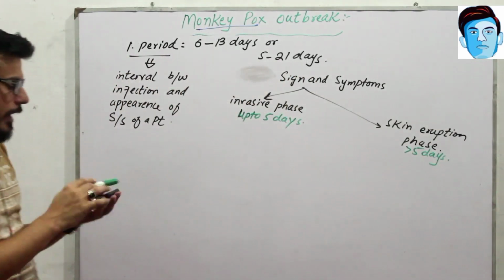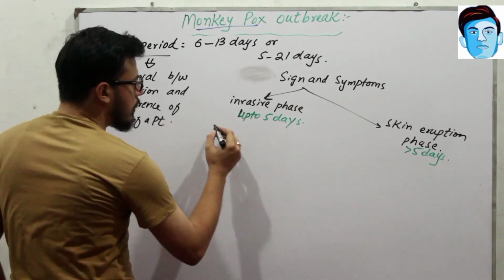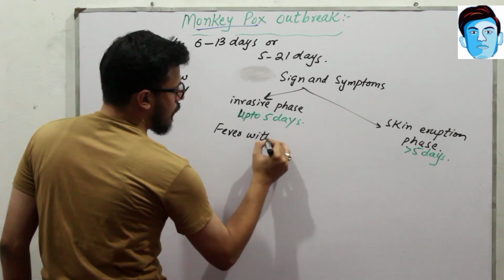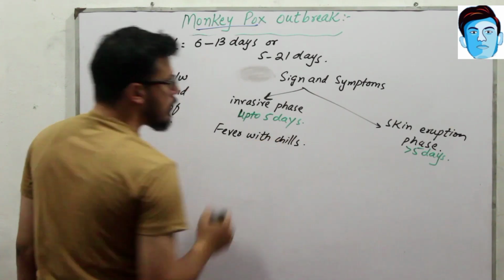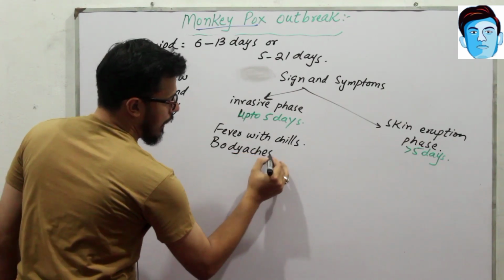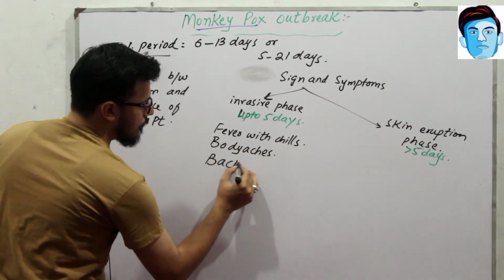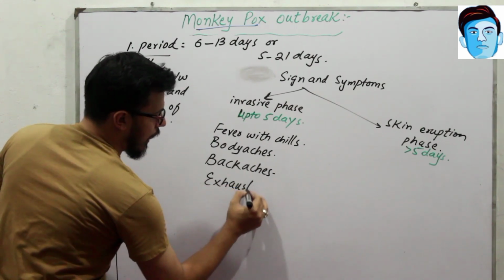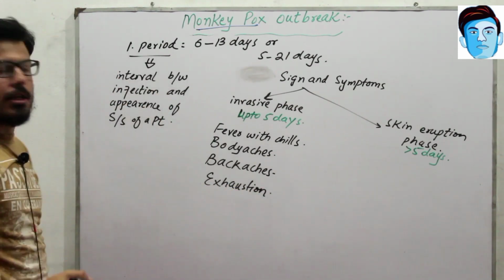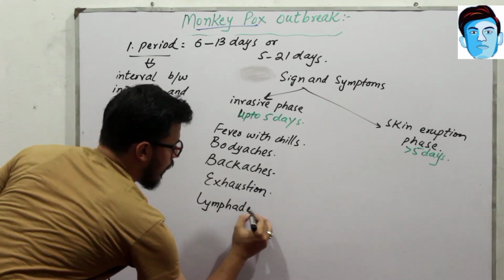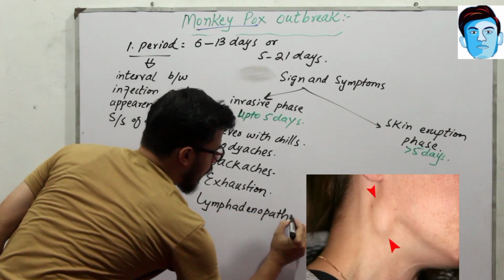Now, in the invasive phase, the patient usually presents with fever along with chills. Also, there are body aches, backaches, exhaustion, and a very important feature called lymphadenopathy, meaning enlargement of lymph nodes.